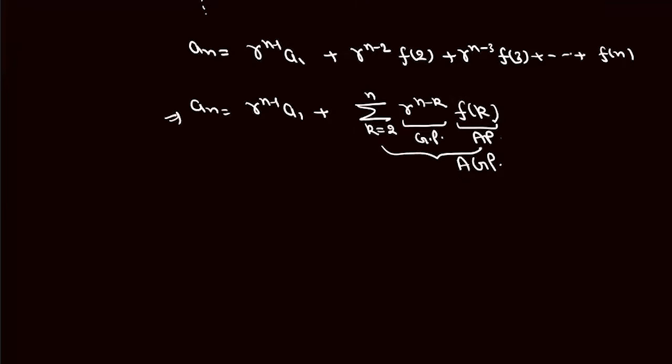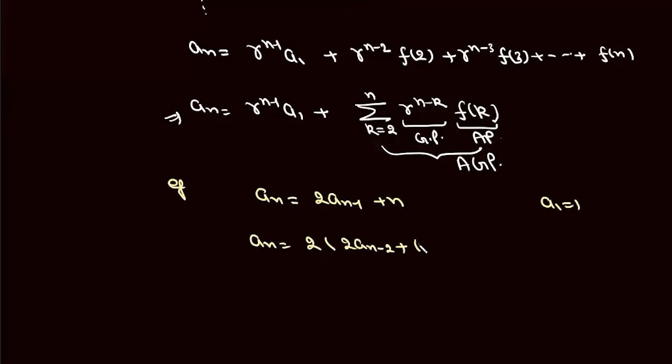So if we take a simple example, we are given this recurrence relation: A(n) is 2A(n-1) plus n, and it says the value of A1 is 1. Now we can write this A(n) as 2 times, and A(n-1) is 2A(n-2) plus n minus 1, plus n.